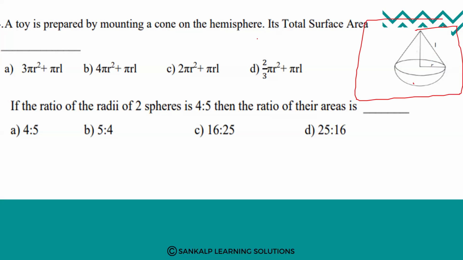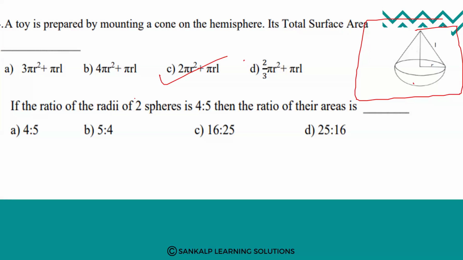The curved surface area of the hemisphere is 2 pi r square, and the curved surface area of the cone is pi r l. So option C is right.